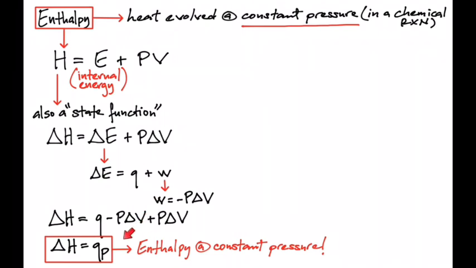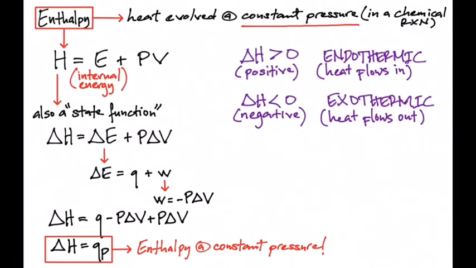The P here is a subscript, which tells you that delta H is the heat that was released at constant pressure. So this doesn't mean that you're multiplying heat by pressure. When we have a positive delta H, that means that we have an endothermic reaction, which means that heat is taken in, or absorbed, by the system, by the chemical reaction.